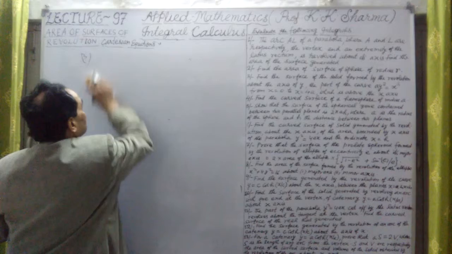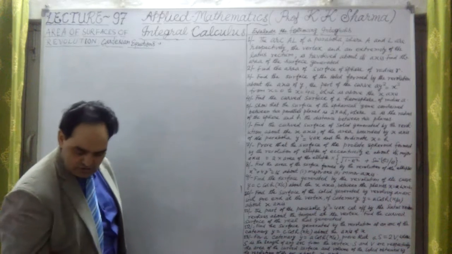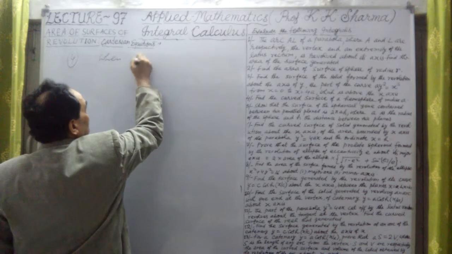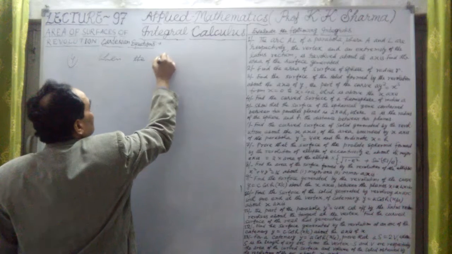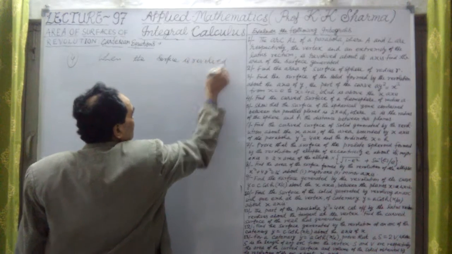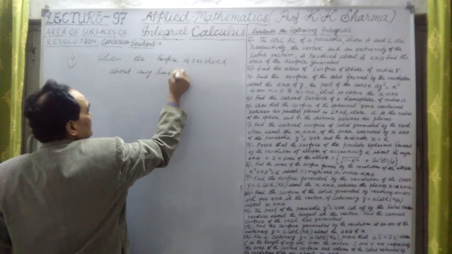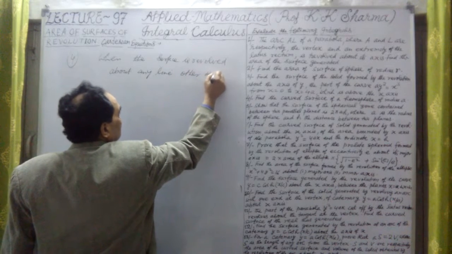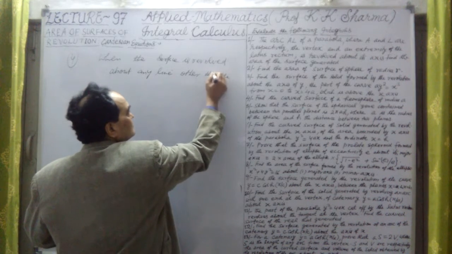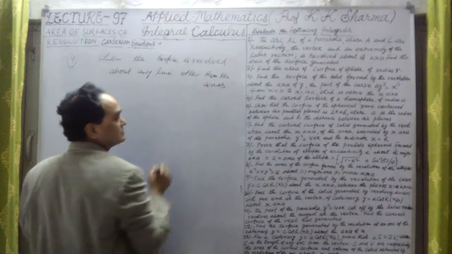The fourth point is the case when the surface is revolved about any line other than the x and y axis.